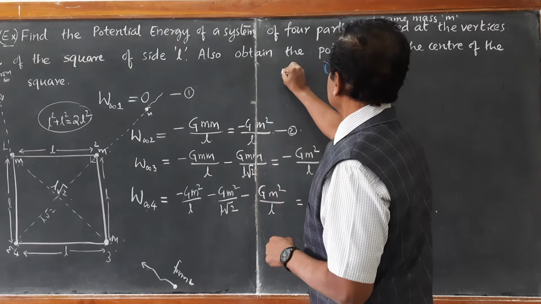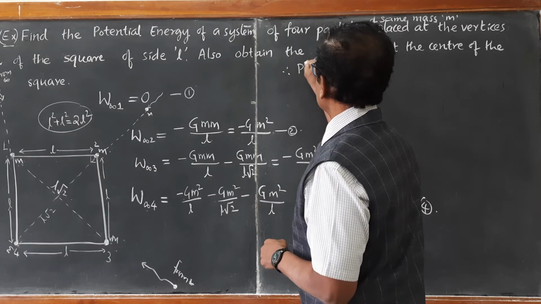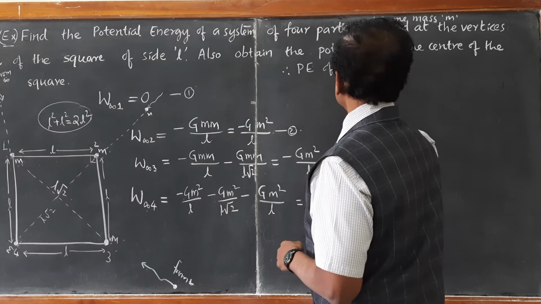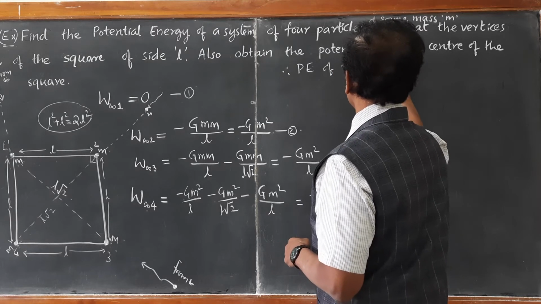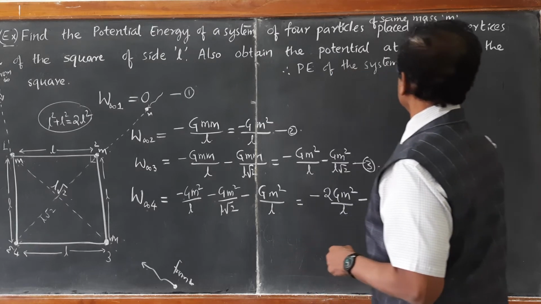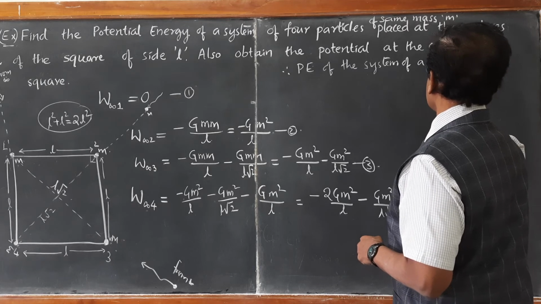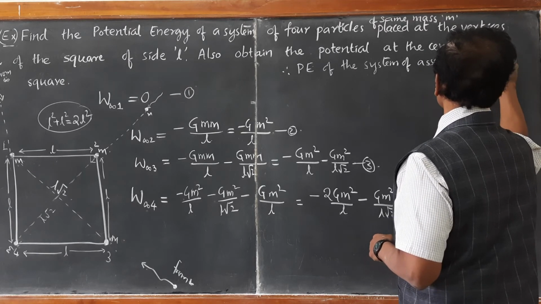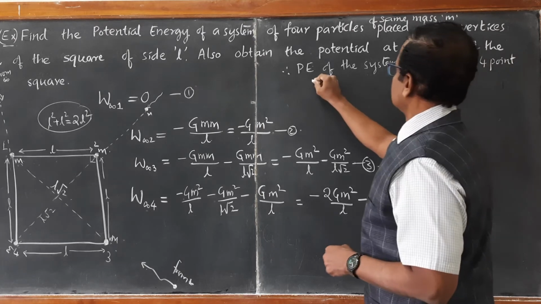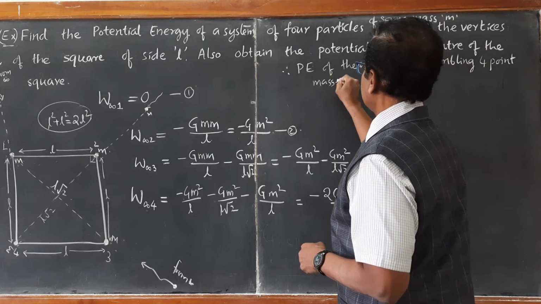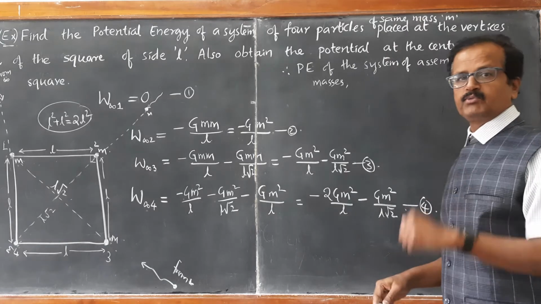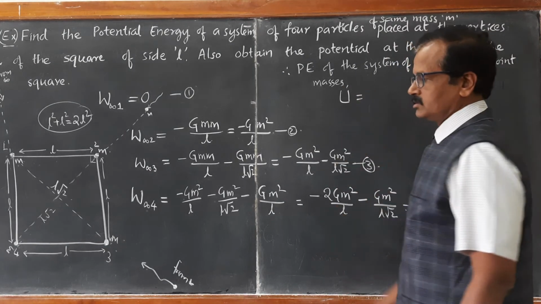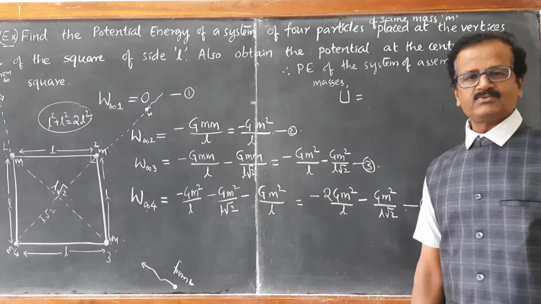Therefore, I will write here: potential energy of the system of assembling 4 point masses at their respective positions is, now I am writing it as U, equal to the sum of all these work done.